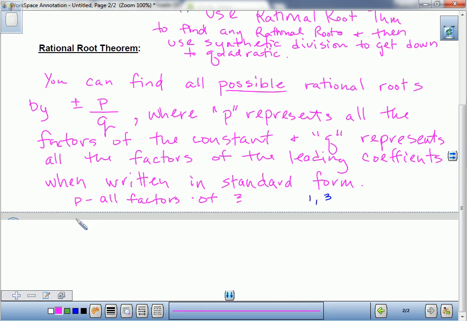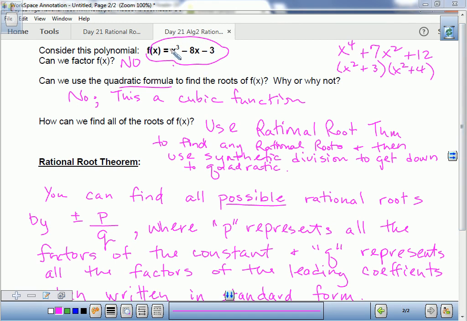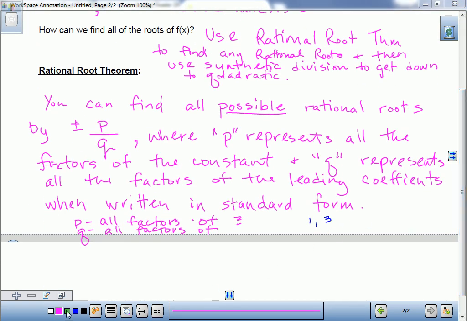And then Q represents all the factors of the leading coefficient. In this case, it was x cubed, so that's an understood 1, isn't it? That leading coefficient is an understood 1. So the only factor of 1 is 1.